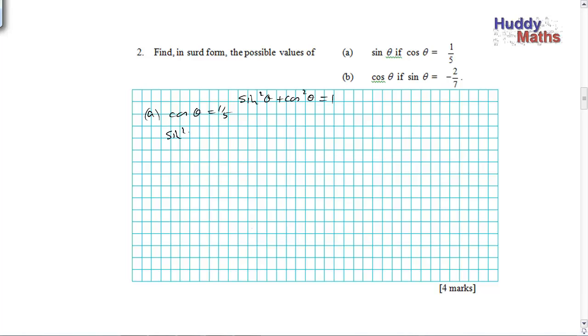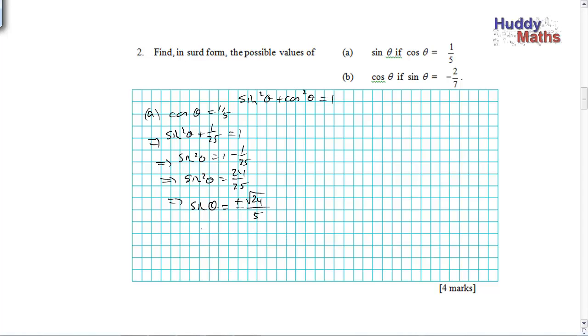Therefore, sine squared theta plus 1/25 equals 1. Sine squared theta equals 1 take a 25th, which is therefore 24 25ths. So sine theta, quadratic, 2 solutions, plus or minus root 24 on 5.